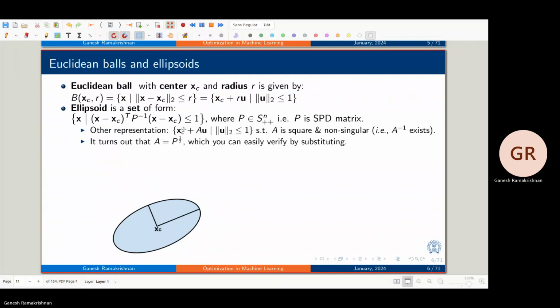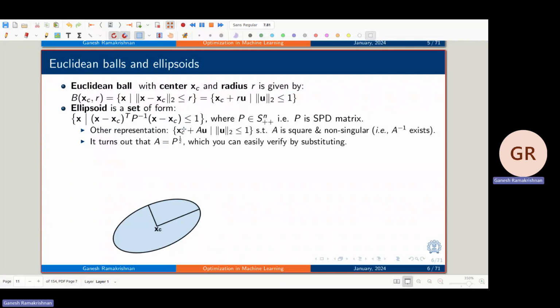In fact, you can show a relation between A and P. So what you're saying is I'll start with my XC. I'll add this unit vector, let's take the case of norm U is 1. But that vector I'm going to rotate and rescale. So it's equivalent.